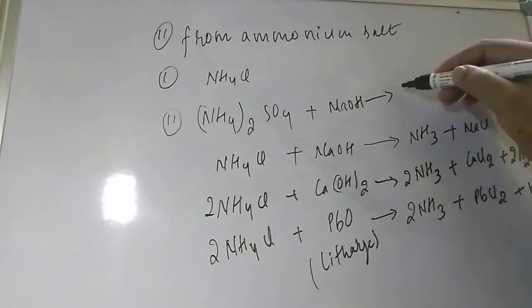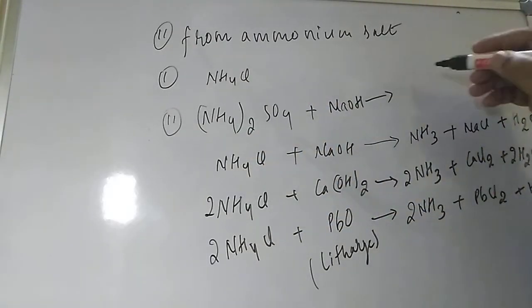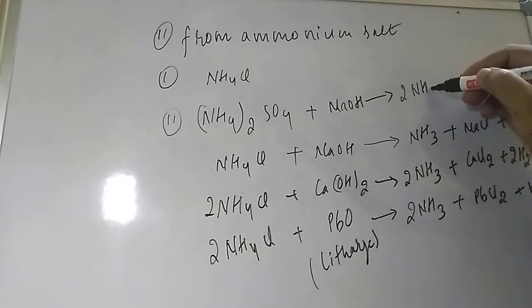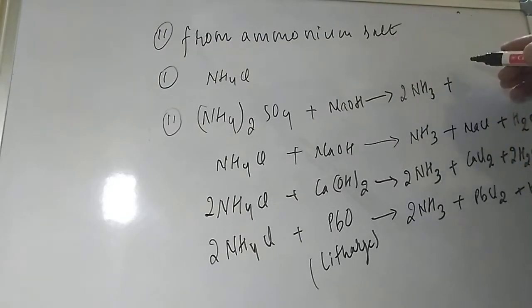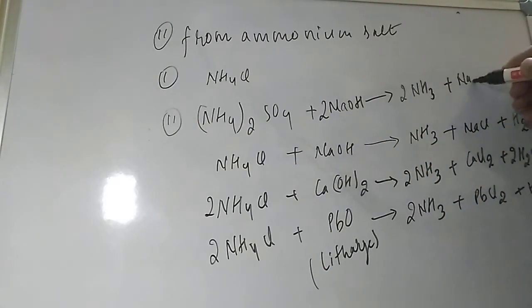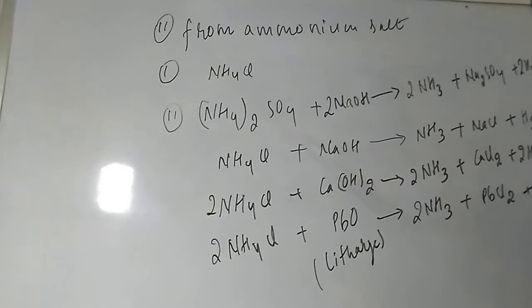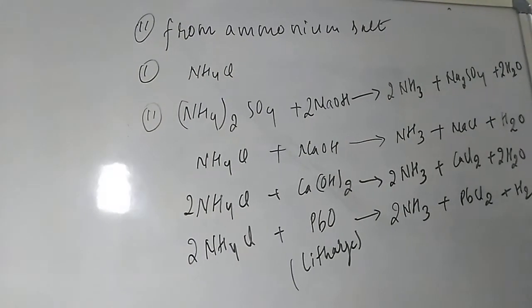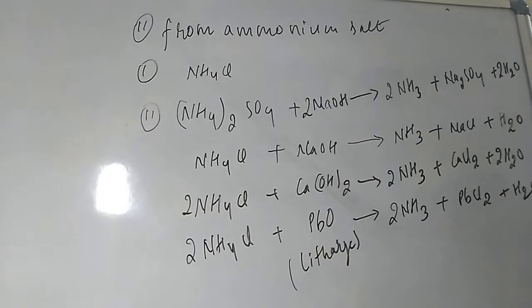There are 2 ammonium ions, so it will give 2 ammonia, along with Na2SO4, sodium sulfate, and 2 moles of water. So there are many reagents which we use to get ammonia from the ammonium salt.